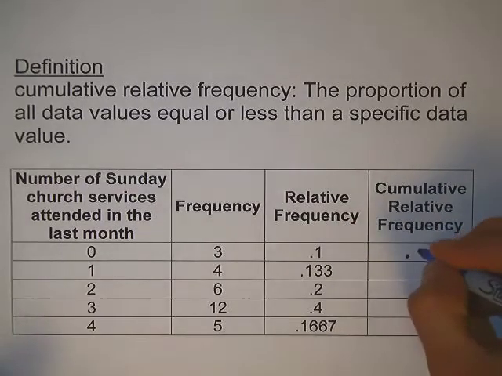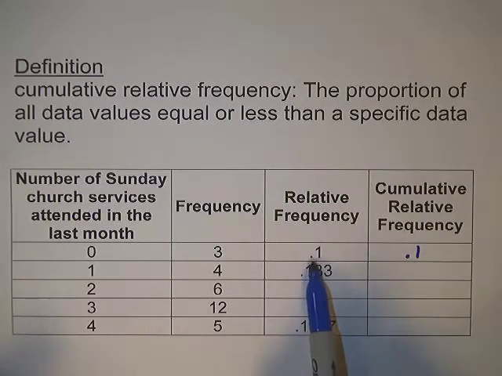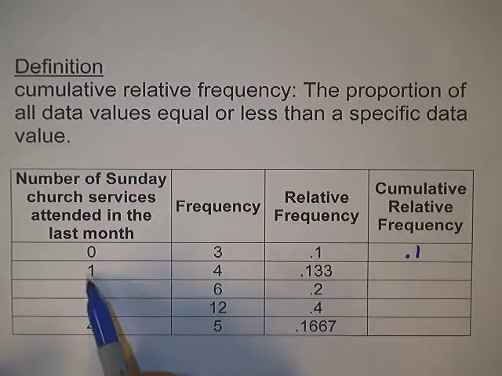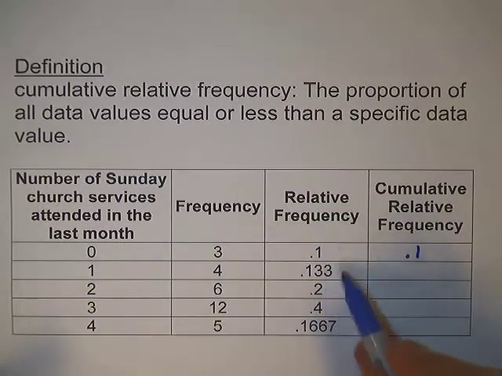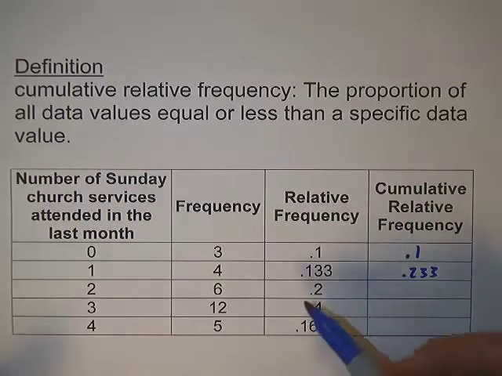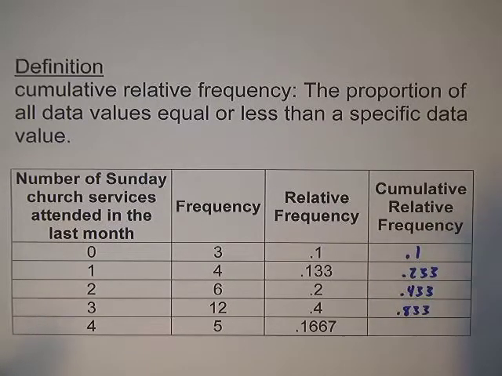Same as before, the cumulative relative frequency for 0 will be the same as the relative frequency. For 1, we need to add these two values, so 0.233. For 2, we'd add 0.2 to this, so it'd be 0.433. This would then be 0.833.